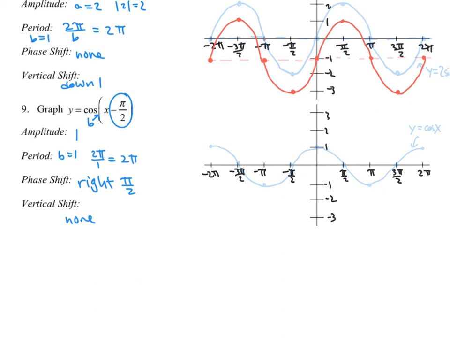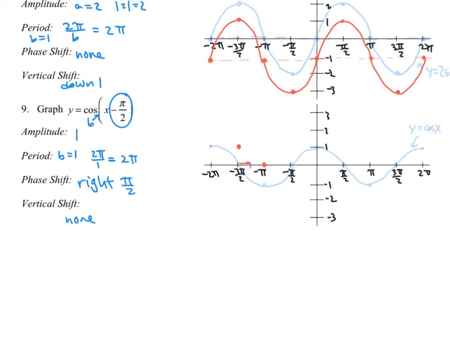And now we're shifting this function to the right pi over 2. And I have my graph labeled in increments of pi over 2. So every point that I have is going to shift 1 tick mark or interval to the right. So I'm taking my leftmost point and moving it to the right pi over 2, which is going to move it over to negative 3 pi over 2. This point on the x-axis moves to the right pi over 2.